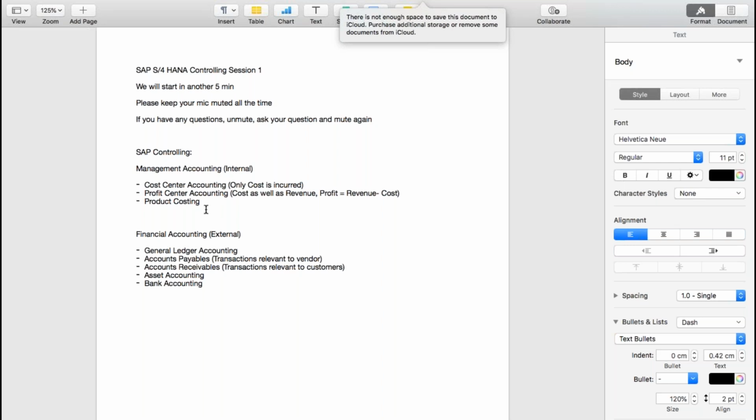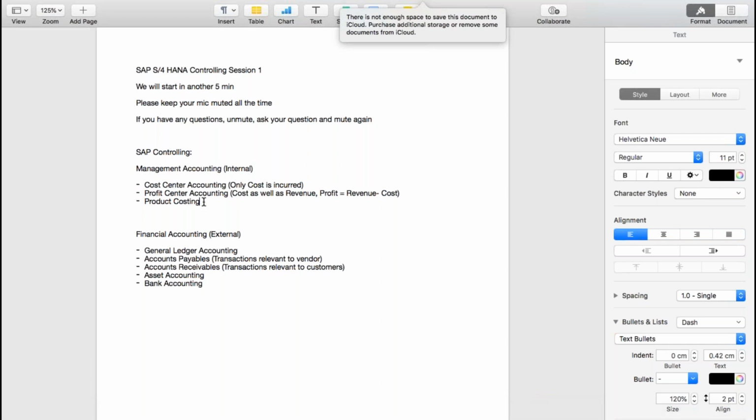So in manufacturing companies, for each and every product that they are manufacturing, they need to cost that particular product. SAP provides a very good functionality of product costing in which you need to tell the system what components would be required in order to manufacture this product and what activities you need to carry out, and based on that the system will automatically calculate the cost of the product.